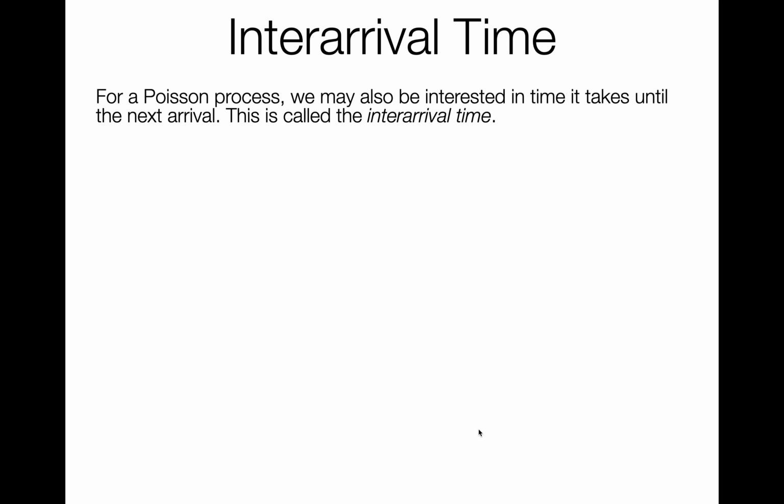And that time that it takes until the next arrival is called interarrival time. And so we're going to look at the properties of interarrival time and see that the way that we can model this interarrival time is actually with a distribution that we've already talked about.